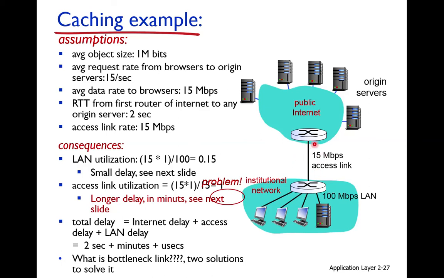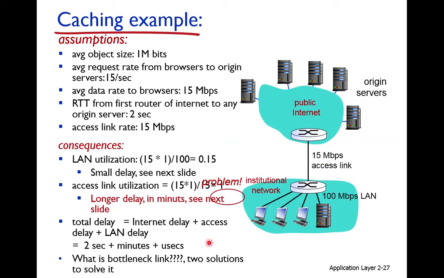So the access link is the bottleneck link. In this case, when you access these 15 objects per second, it requires minutes of delay, and why? Because the access link is the bottleneck link.